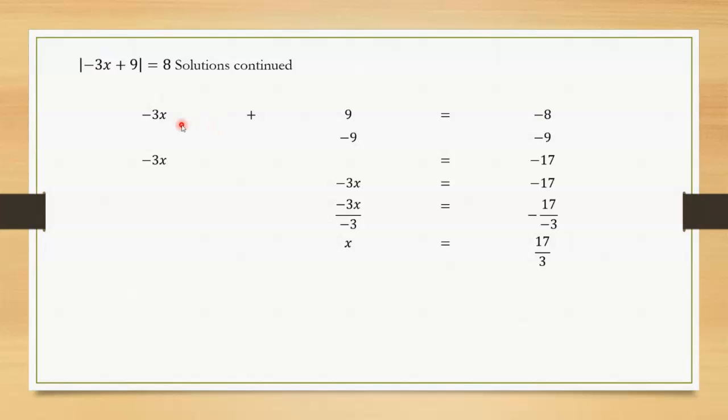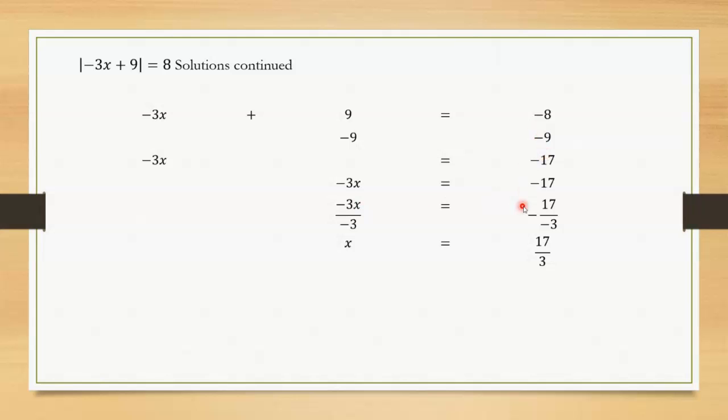So we have negative 3x plus 9 is negative 8. Subtract 9 from each side, as you can see. And so we get negative 3x is negative 17.